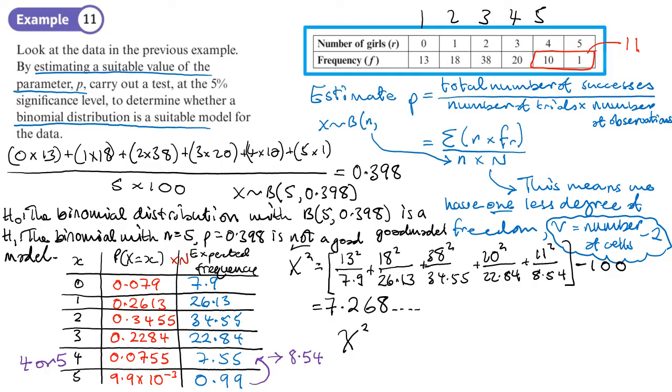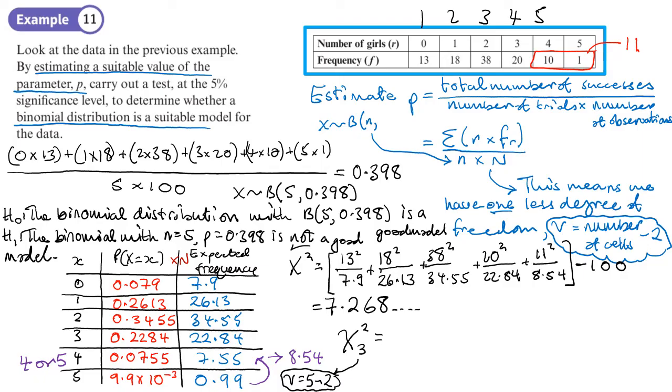But now I need to take 2 away from that because I did this estimation of P. So this is going to be 3. That was because we had 5 cells after combining, and we take away 2 because of that estimation of P. So I'll look that up to find a critical value.